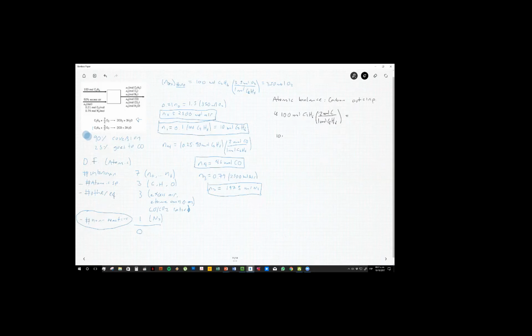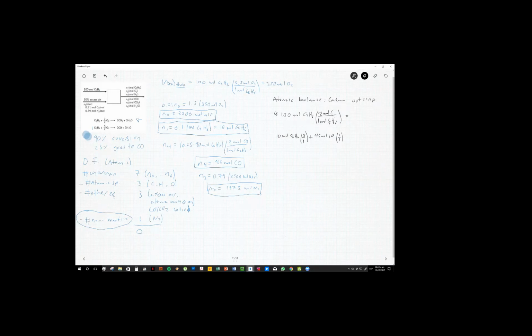We calculated that there were 10 moles of ethane, and again, the relation is 1 to 1. And then we have the number of moles of carbon monoxide that we have already. Carbon monoxide is 45 moles, and the relation of carbon monoxide and carbon is 1 to 1.